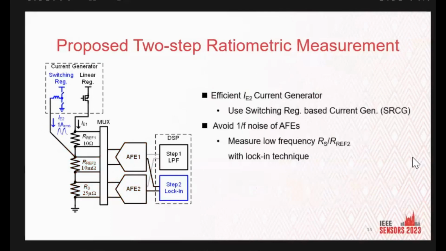So to efficiently generate the excitation current, we use a switching regulator-based current generator. And to avoid the 1/f noise of the FE, we measure a low frequency resistance ratio with a lock-in technique.